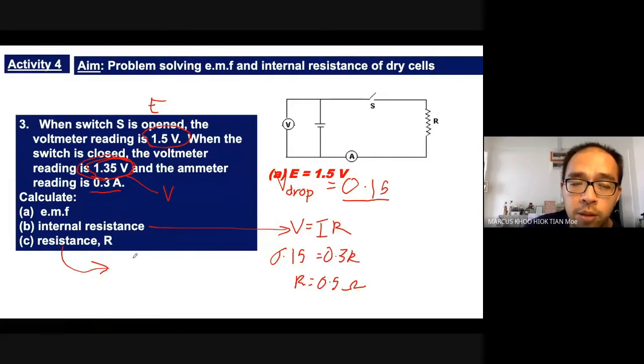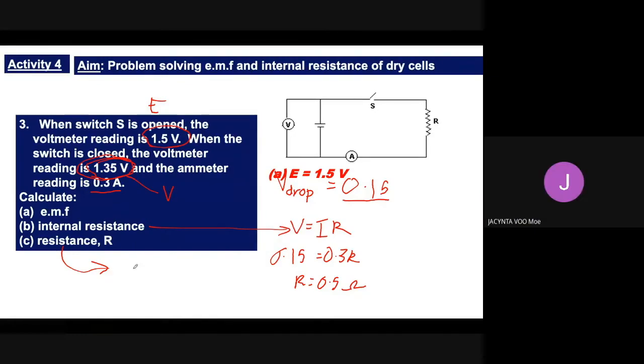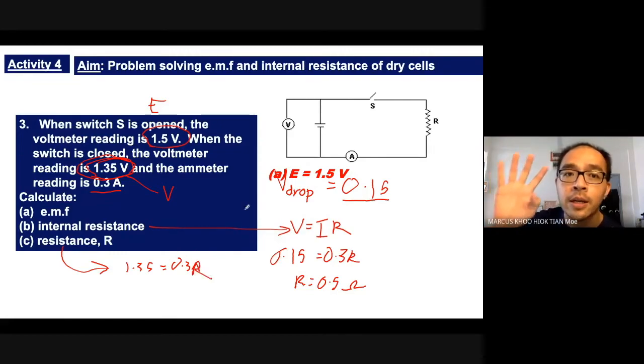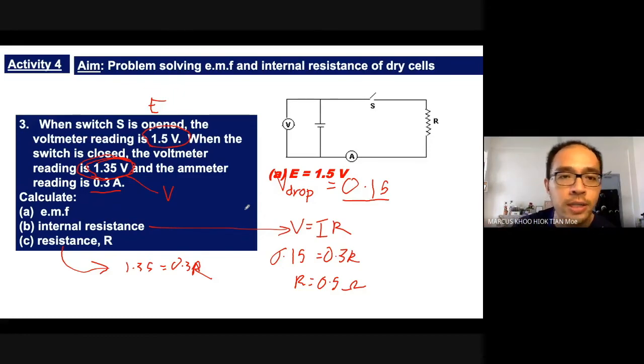Can you tell me the calculation? 1.35 equals 0.3 R, and then 1.35 divided by 0.3. Very good. Remember, the calculation for this part is very easy as long as you remember one thing: the current flow is the same. So you just use the same current all over again because everything is connected in series.